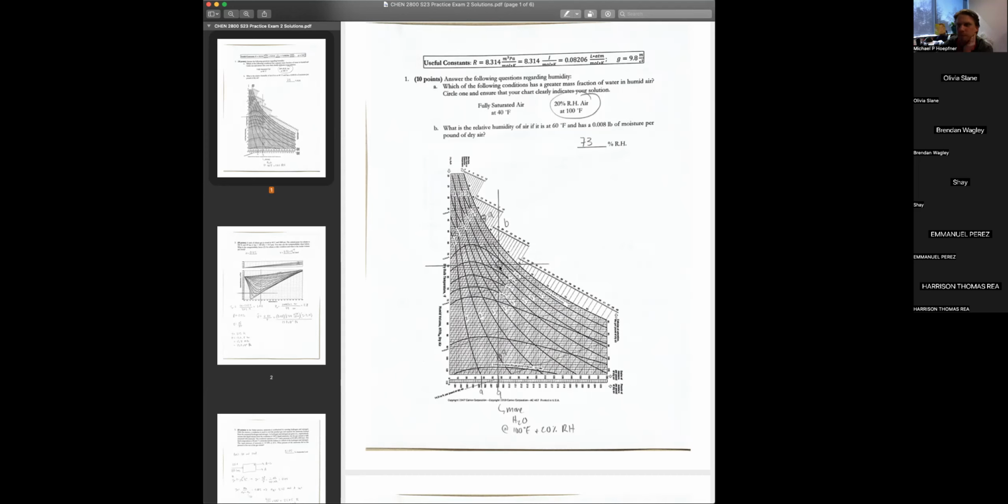Wouldn't the straight down line tell you pounds of water per pound of dry air? Like the second axis? Because there are two axes on the horizontal axis. Yeah, so I think that might be a way that we can justify which one is the correct way of doing this.